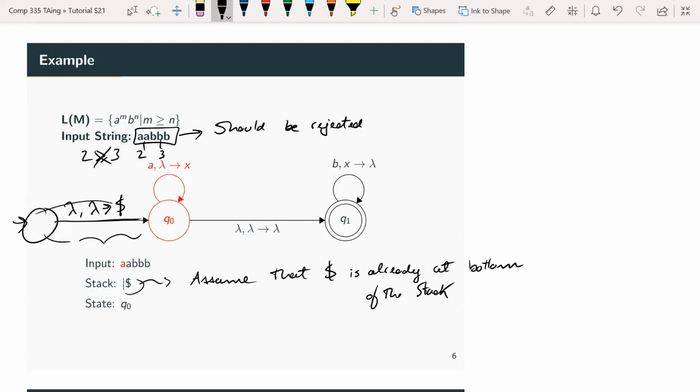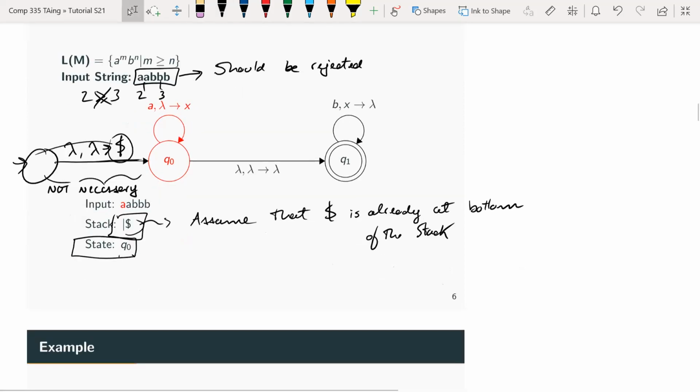This step is not necessary, but sometimes it helps me make sure that the $ is at the bottom of the stack. You're not obliged to do that. So let's say the assumption is that we have the $ at the bottom of the stack and that your initial state is Q0.